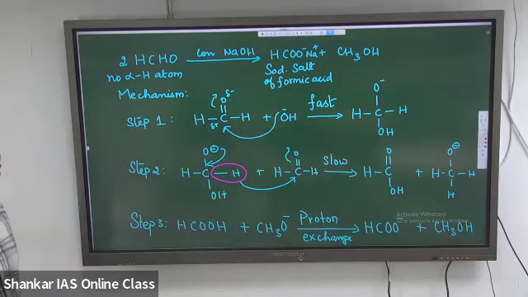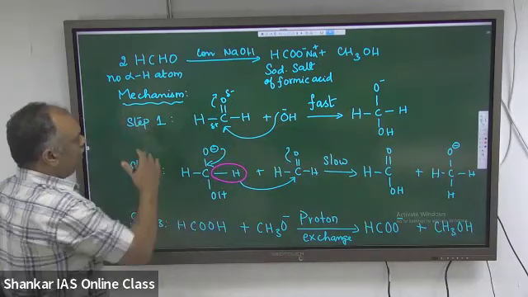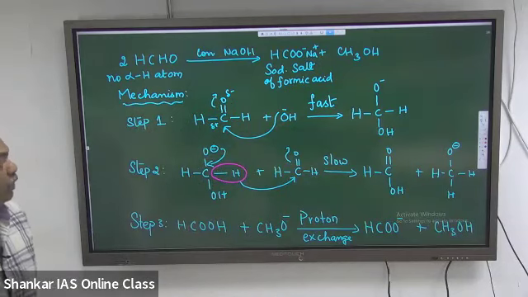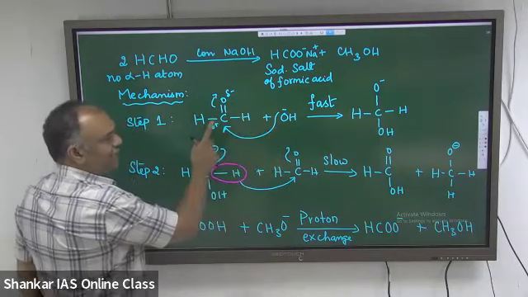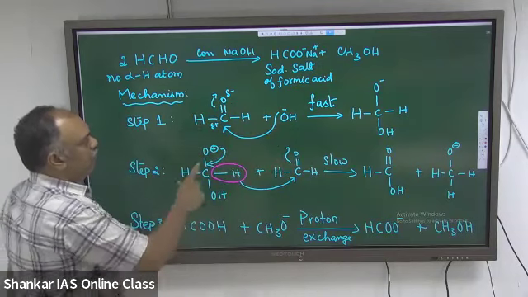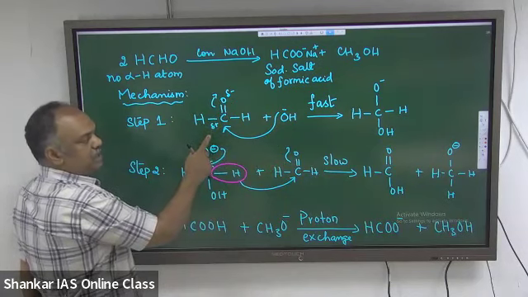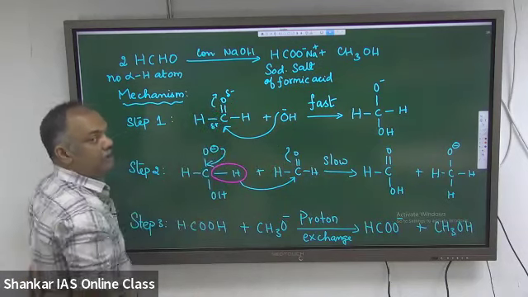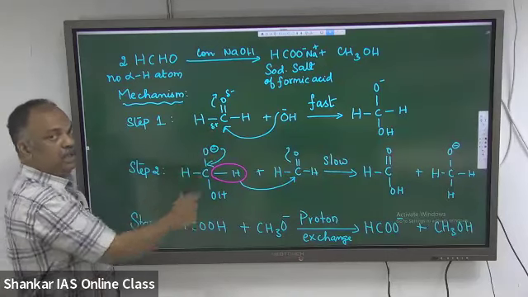Okay. Next, we will proceed to the mechanism. What is the mechanism occurring? You can classify the steps into three major steps. First is the attack of the reagent onto the aldehyde. Now you know that the carbonyl carbon has a positive charge thanks to the presence of the electronegative oxygen, because of which this carbon takes up a positive charge.